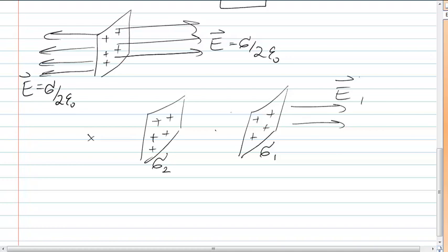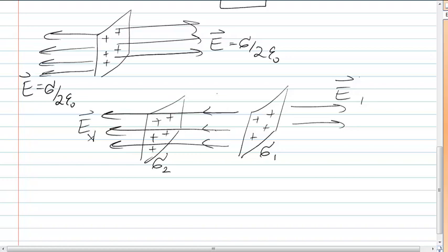Sigma 2 doesn't affect the electric field due to sigma 1. It goes right through the sheet sigma 2. So this is all E1. In between, it's this way, E1. And that E1 would be sigma 1 over 2 epsilon naught.